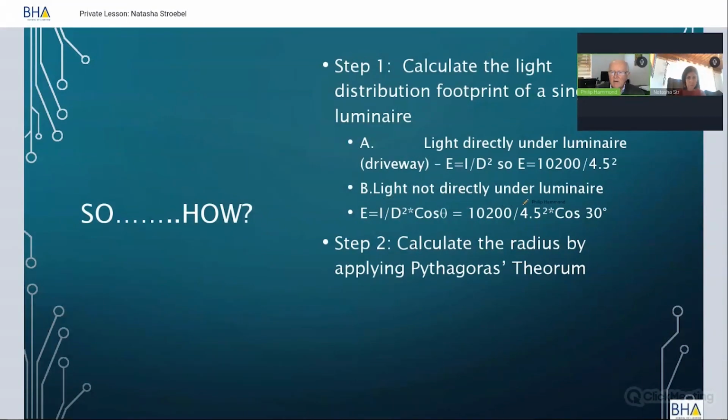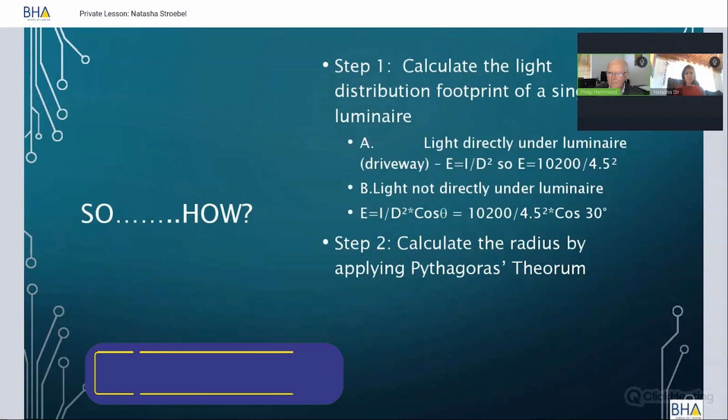And then you need to calculate what it is, not directly under the luminaire, but at the edge of the beam that it's producing on the driveway.